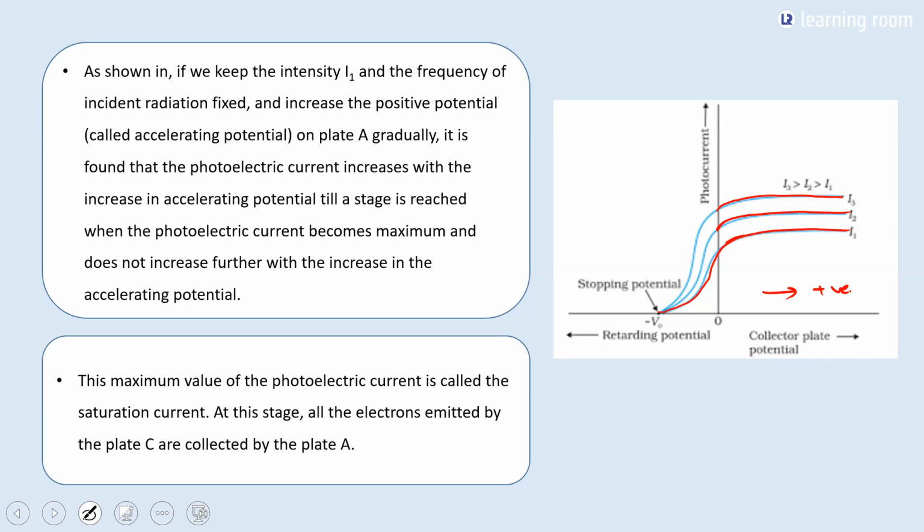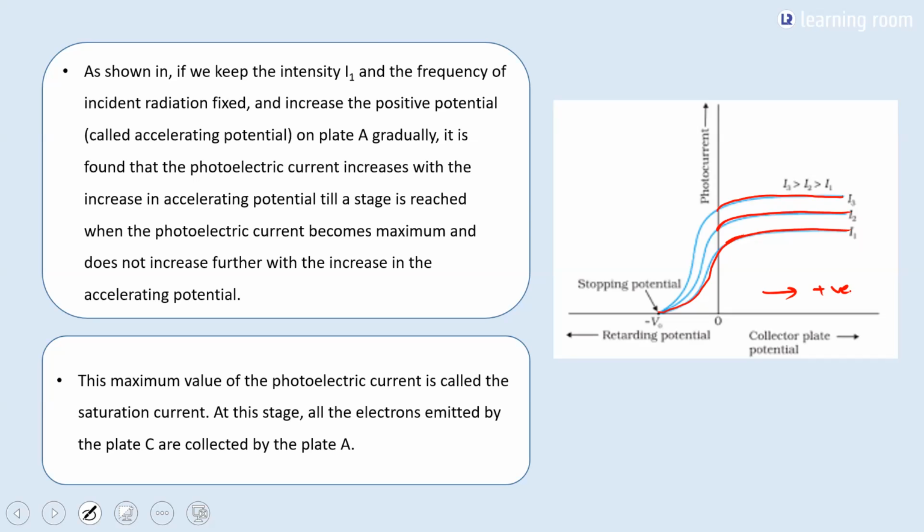That negative potential of the anode for which the photoelectric current becomes zero is called, it's not retarding potential, it's called stopping potential. Because it is stopping the electrons from reaching.